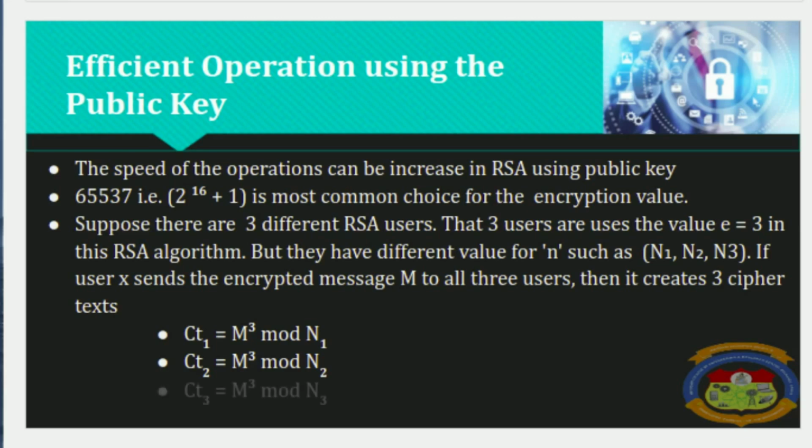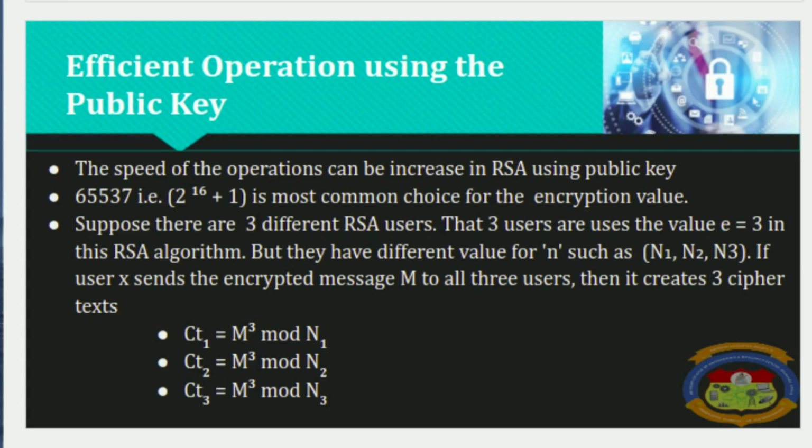For the third, the ciphertext is equal to the message cubed, mod the third unique value n3, where n1, n2 and n3 are pairwise relatively prime. In this way, the public key with the help of the mod operation improves the efficiency.